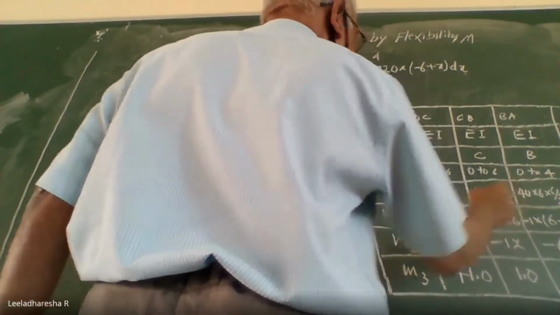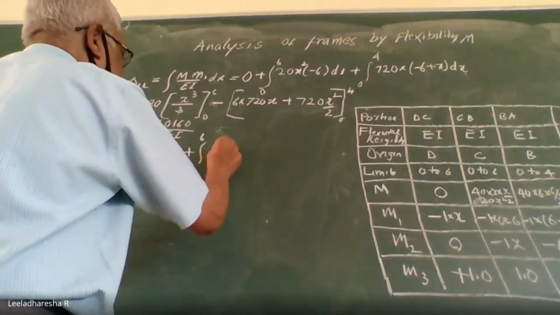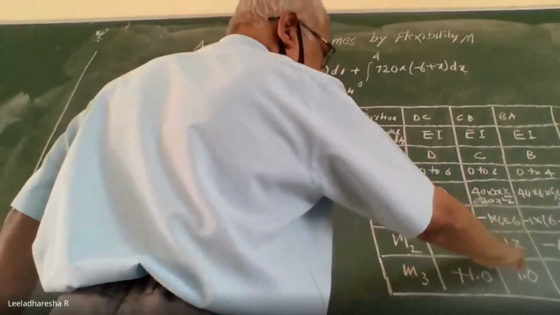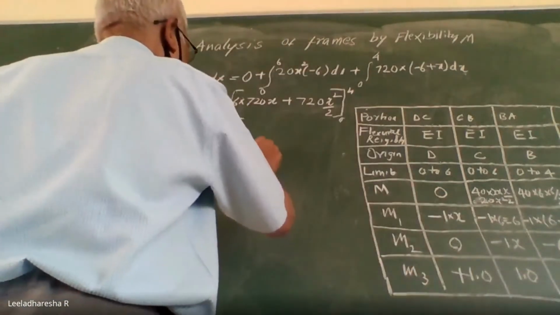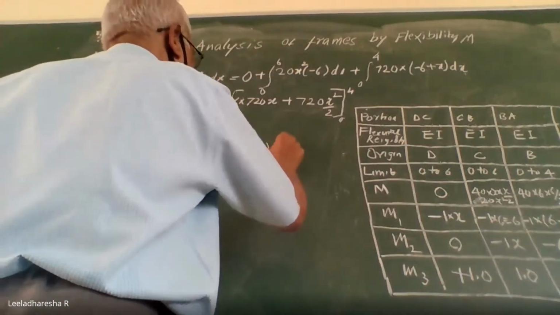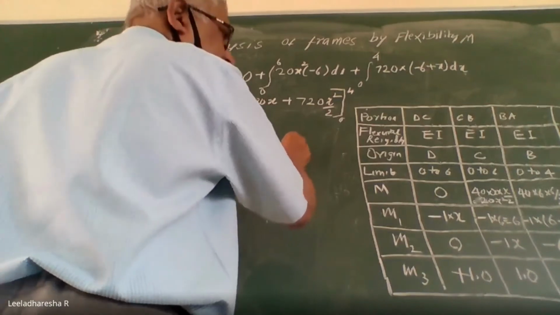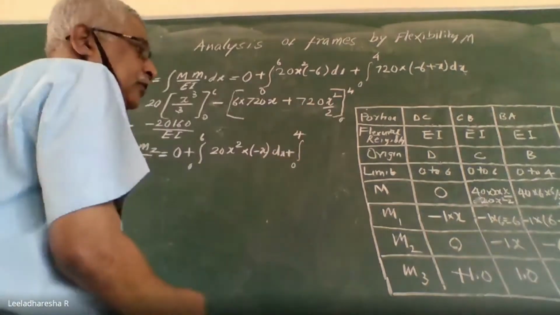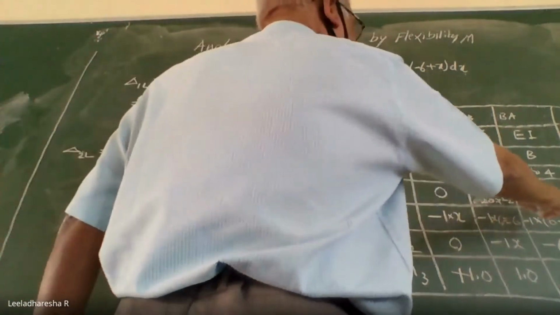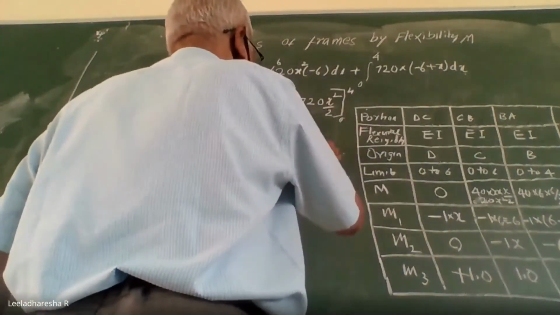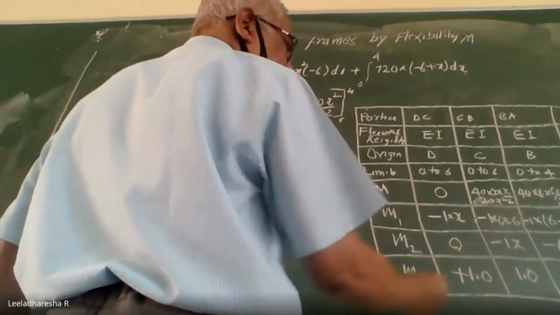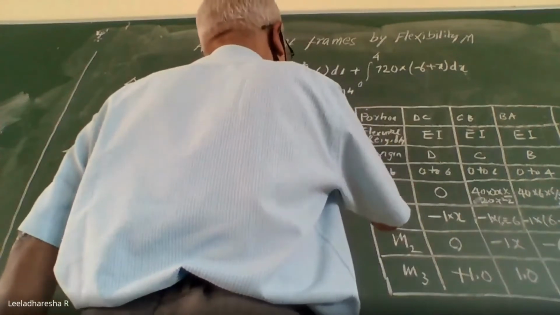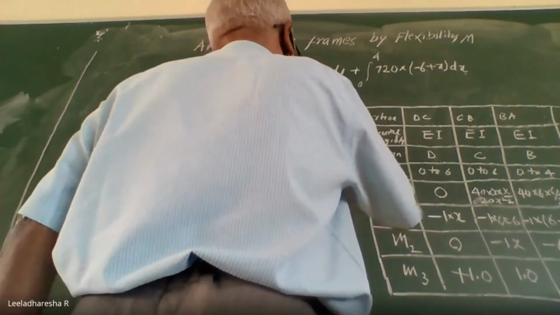M is 20x square, 20x square into m2, minus x, into dx, plus 0 to 4, m is 720 and m2 in this case is minus 6, into dx.